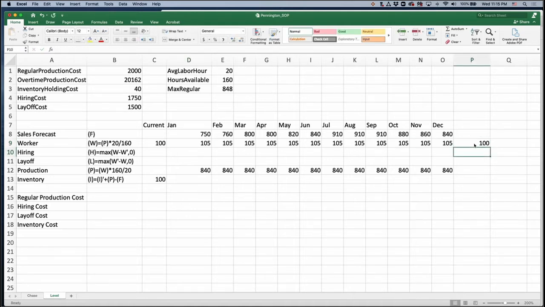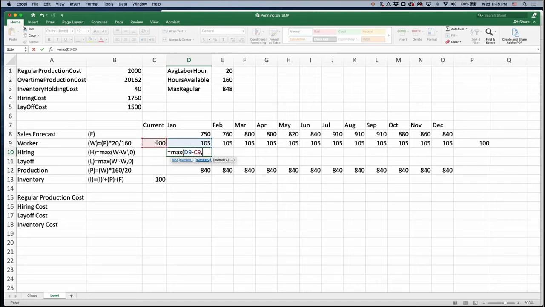To compute the hiring cost, we can use the MAX function: the max of the current number minus the previous number, and 0. This number shows what? If you have an increase, then you take that increased number. If we have a decrease, we just take 0.